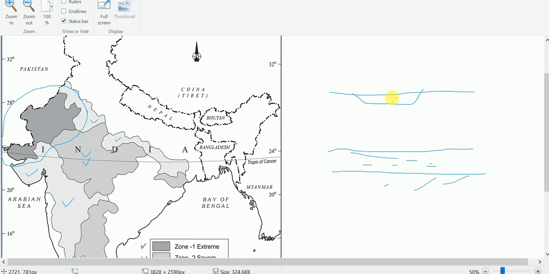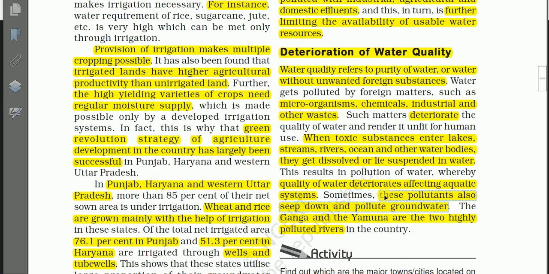And this polluted water may be infiltrated and may reach the aquifer, thus polluting the groundwater also. So these pollutants seep down, that means infiltrate downward, and pollute the groundwater.